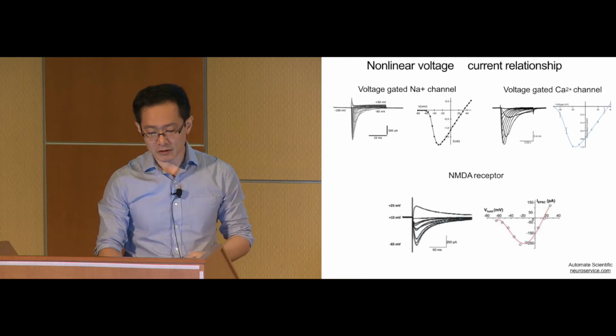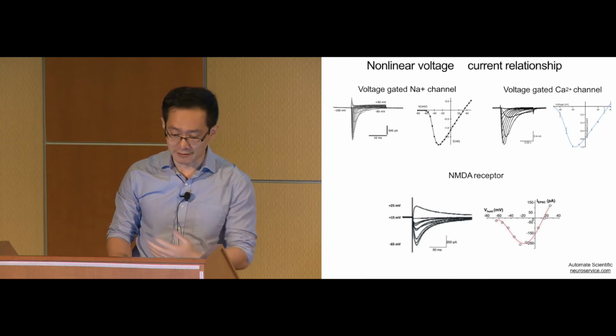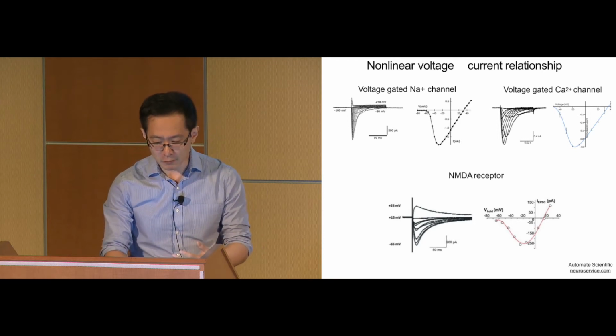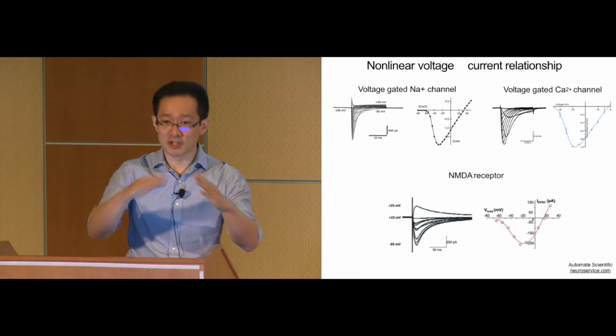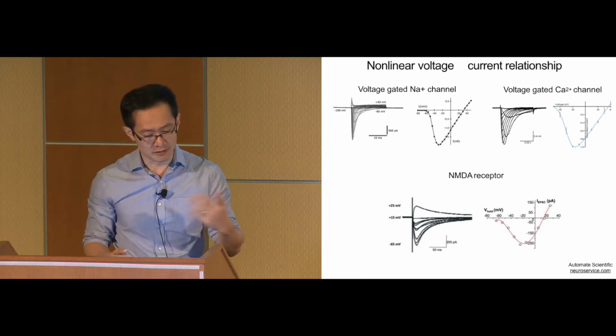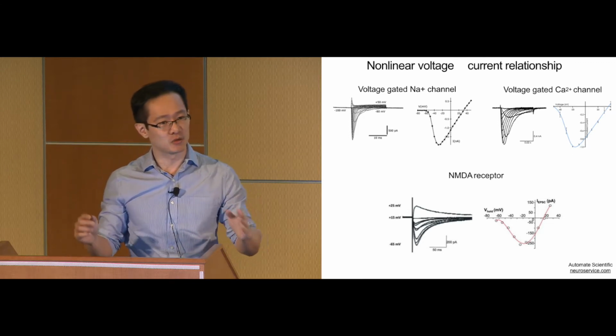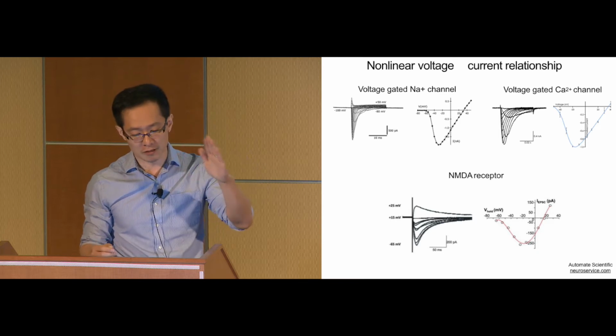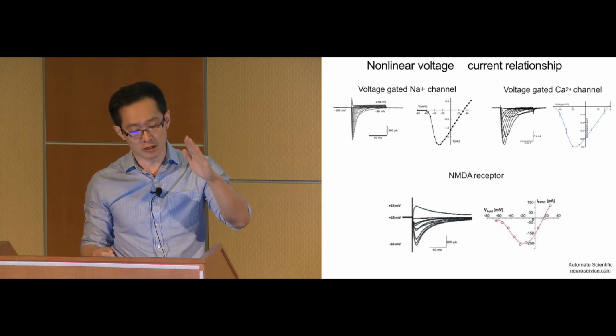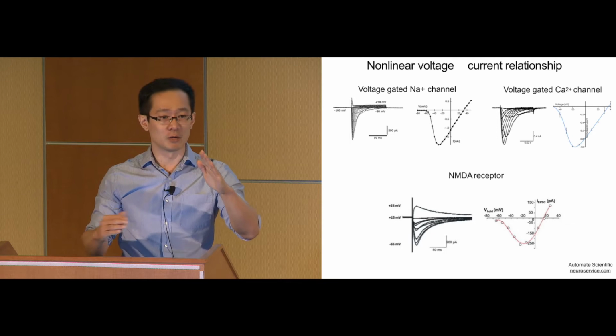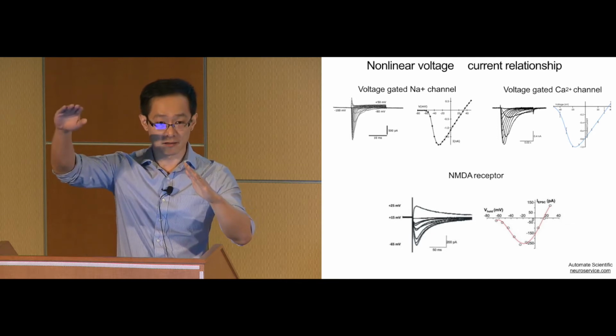The same is true with voltage-gated calcium channels and NMDA receptors. So you see this J-shaped IV curve a lot in electrophysiology. The basic idea is really Ohm's law, a linear resistor current, convolved with a Boltzmann activation function.